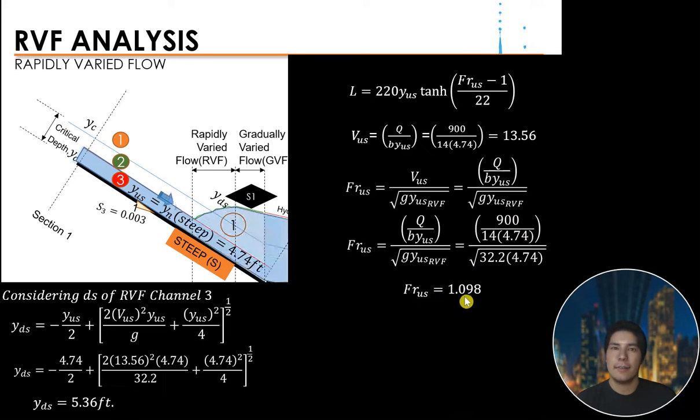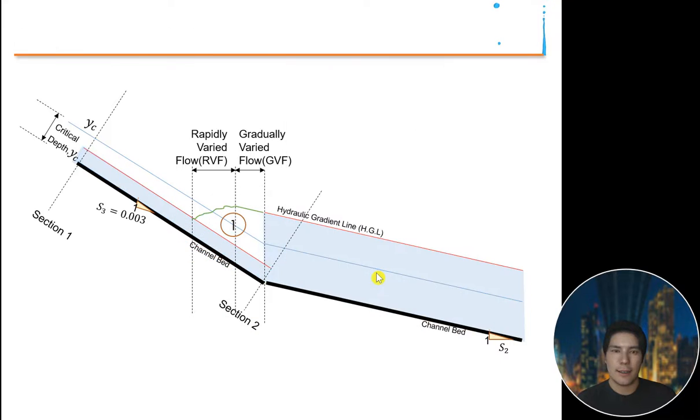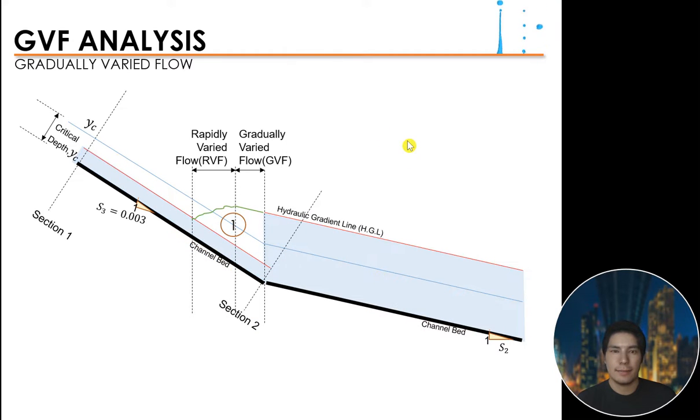We have this Froude number of 1.098. And then we can now compute for the length of the hydraulic jump. We have 4.65 feet. Okay, so we are done with the RVF.